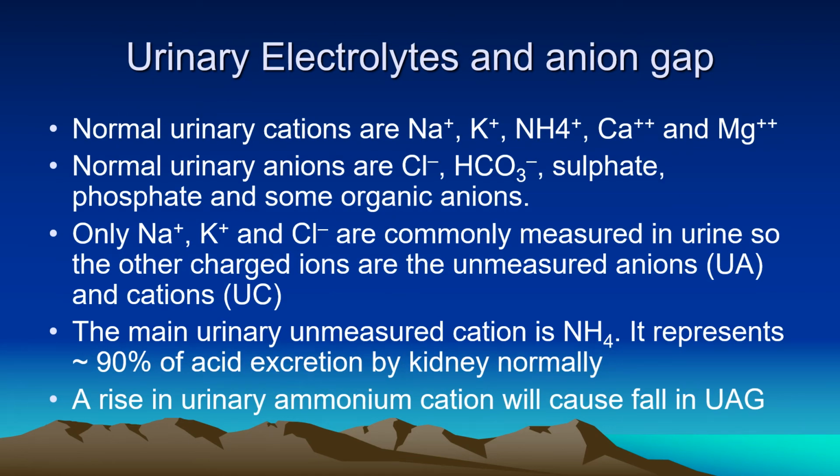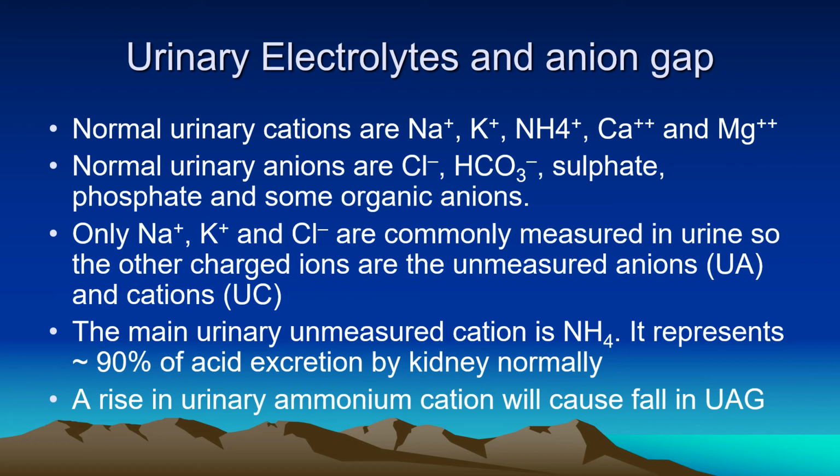Now, there is a value of urinary electrolyte estimations and urinary anion gap estimation. Normal urinary cations, we all know, are sodium, potassium, ammonium, calcium, and magnesium. And normal urinary anions are chloride, bicarbonate, sulfate, phosphate, and some organic anions. What is clinically relevant is that only sodium, potassium, and chloride are commonly measured in urine.